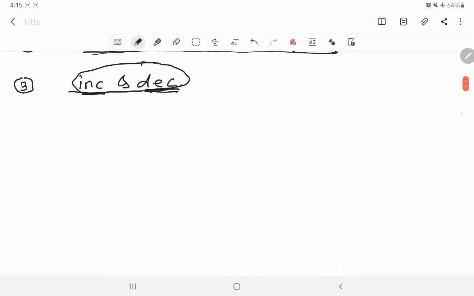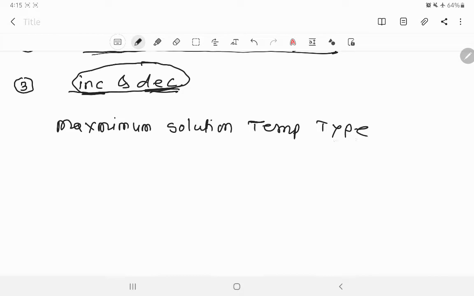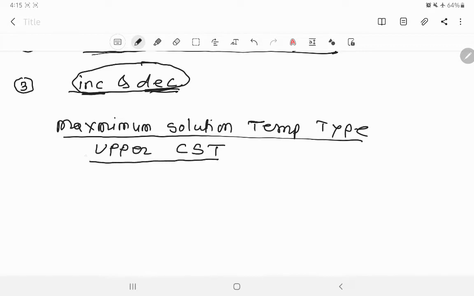We will see first of all the maximum solution temperature type, also called upper CST. We will see what is CST and upper CST.